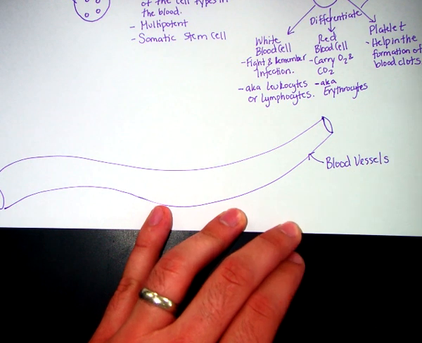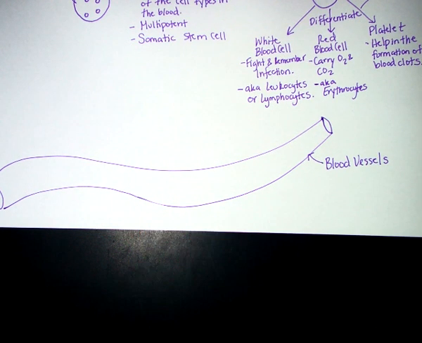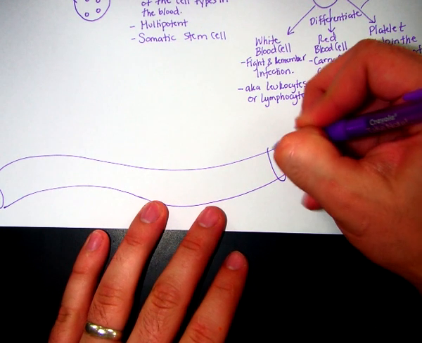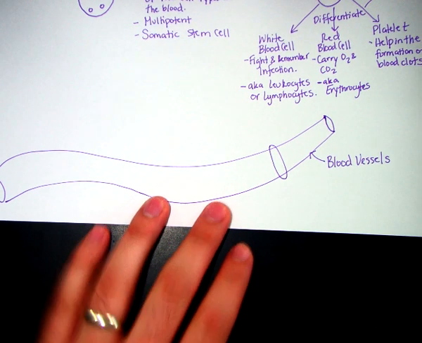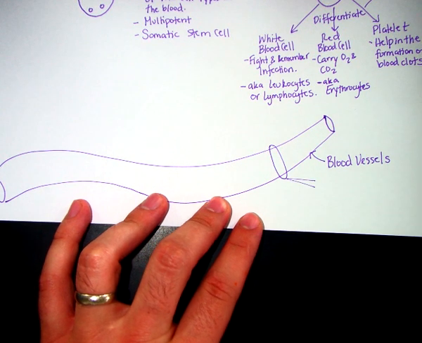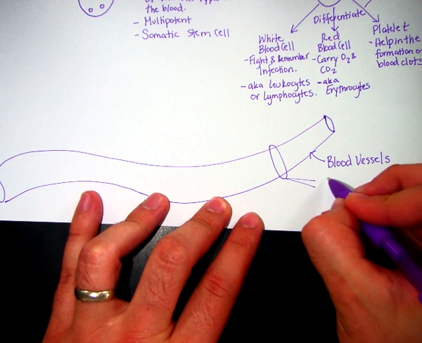So veins, arteries, capillaries, they're all vessels, tubes, through which blood flows. If we were to take a cross-section of one of these tubes, what we would actually see is something like this.